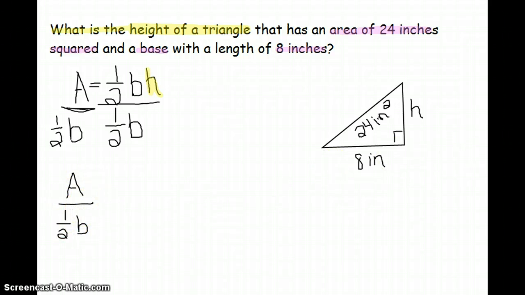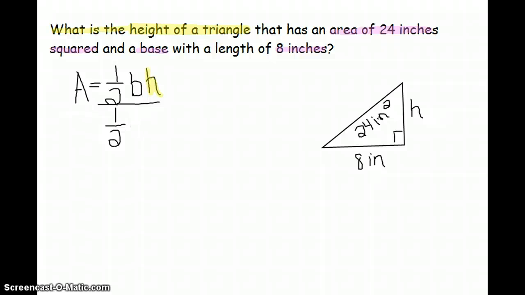So let's back up. Let's remove all of this that we just did. And I want to show you the best way, the correct way to solve this. I still want to move my 1/2, and I still want to move my b. That's necessary. But let's move them one at a time. Let's look at our 1/2.